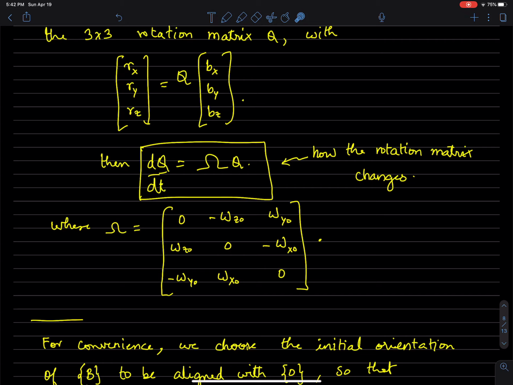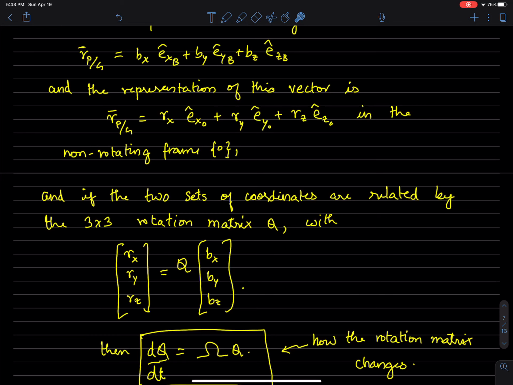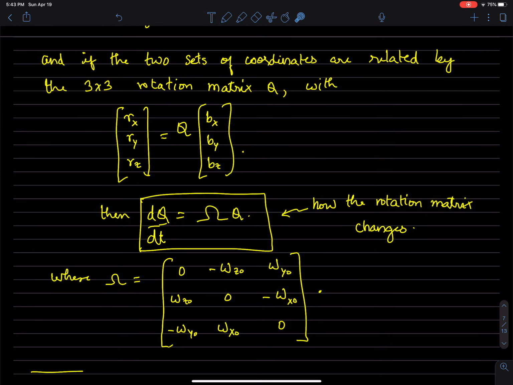So this omega matrix represents a skew tensor. You take the angular velocity vector represented in the zero frame and construct the skew symmetric matrix, and the rate of change of this rotation matrix is given by this differential equation.